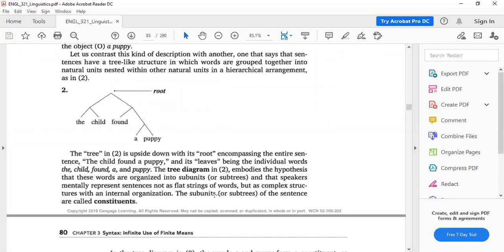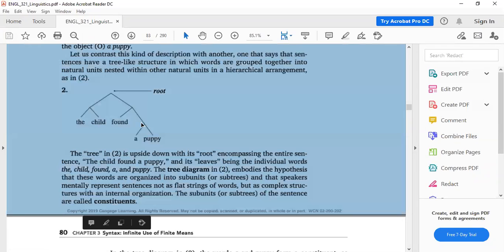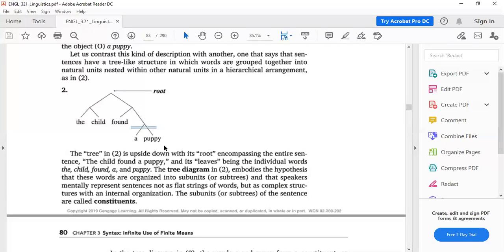What do we call these subunits? They are called constituents. So here, this is the sentence the child found a puppy. But we notice that this part, a puppy, is a subunit of found a puppy, the predicate.